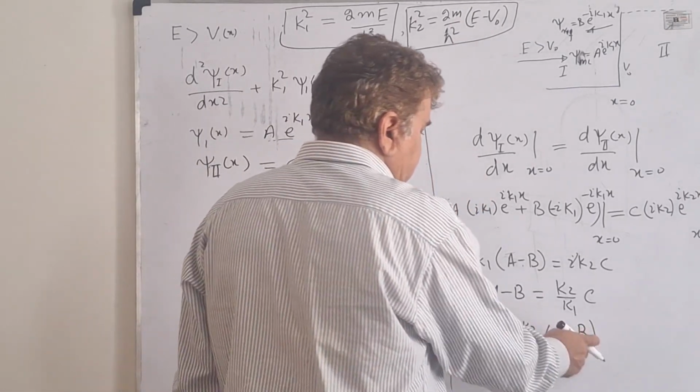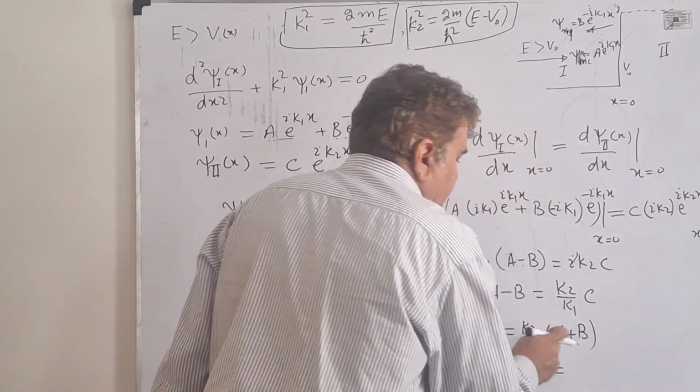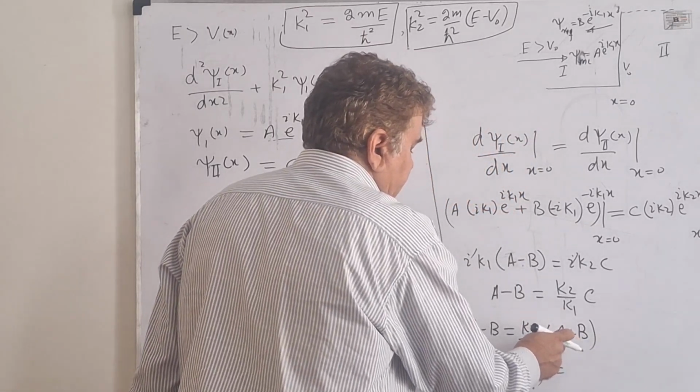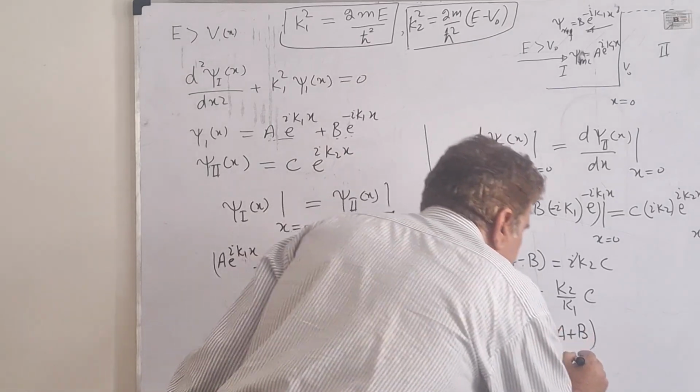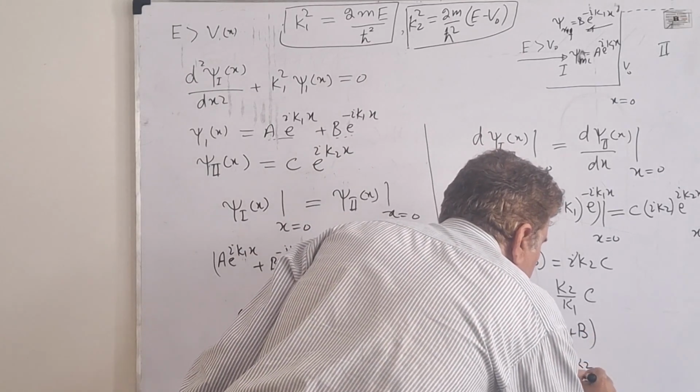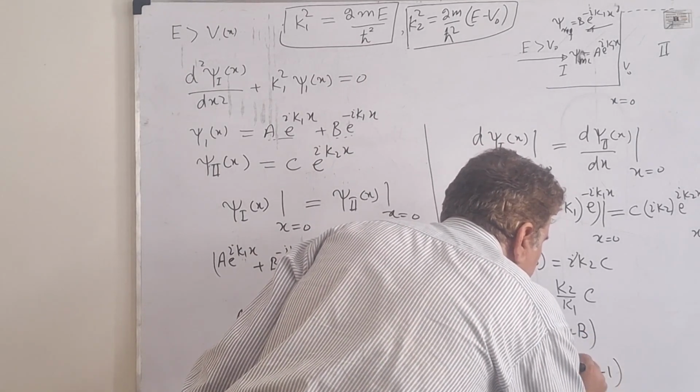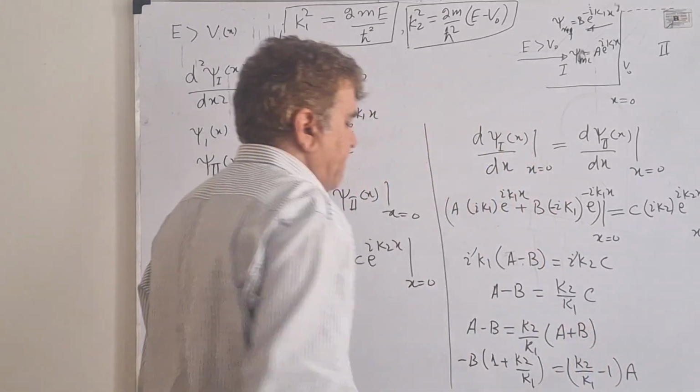And similarly on this side, I would be able to write this with this, and I'm taking A common, and this will become minus, so I write k2 over k1 minus 1 into A.